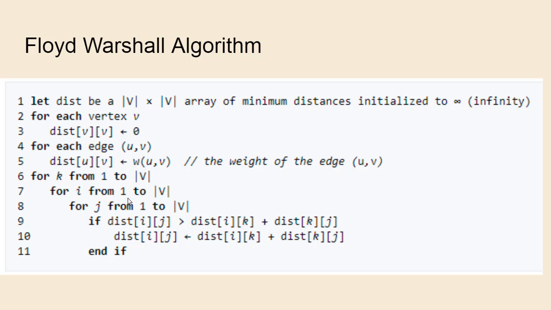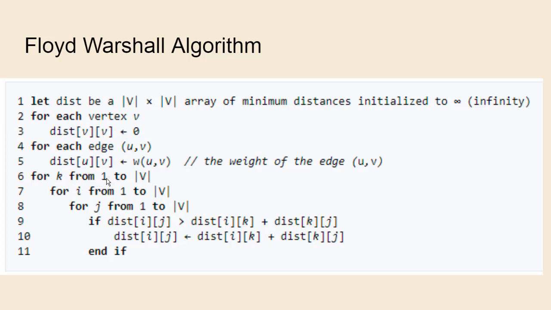We're not allowed to go through any nodes higher than k. Initially, every node to itself has distance 0, and these are all direct edges. Initially, we're not allowed to use any node as an intermediary, and that is the initial value.